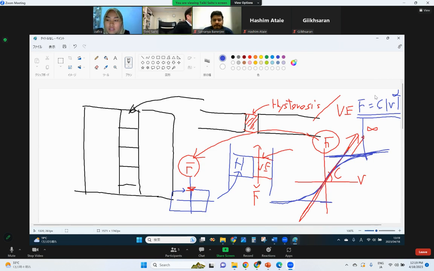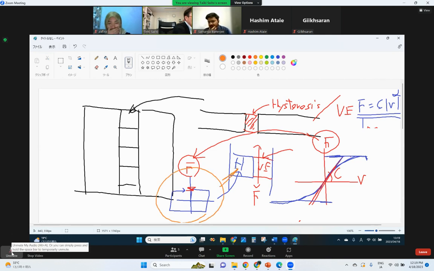You understand? Yes, sensei. There's a limit of damping force because the hysteresis damper has a limit. So this is actually a good idea to combine.